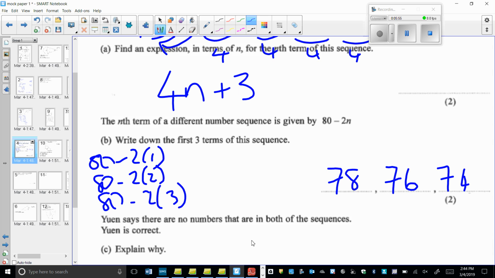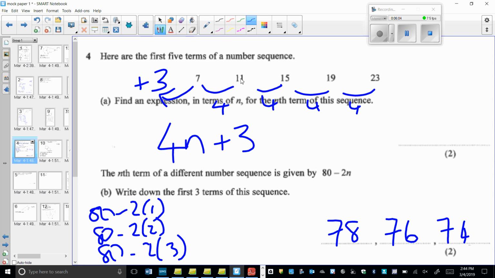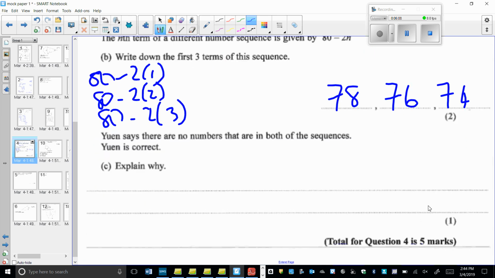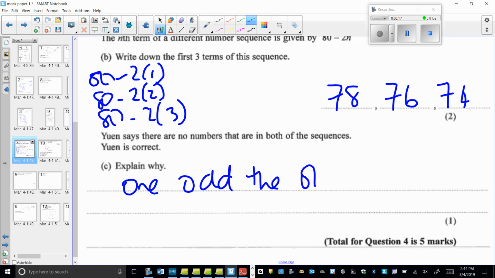The answer is there's no numbers in both of those sequences. Explain why. Well, as you can see, these are all odd numbers, these are all even. That's a good enough reason. One odd, the other even.